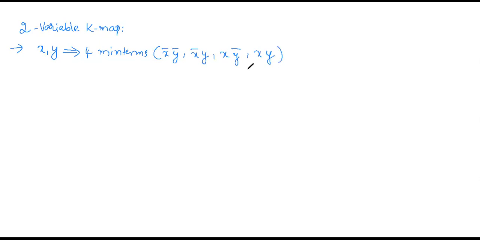So the K-map contains four square boxes, because we need to write each minterm in one square box.